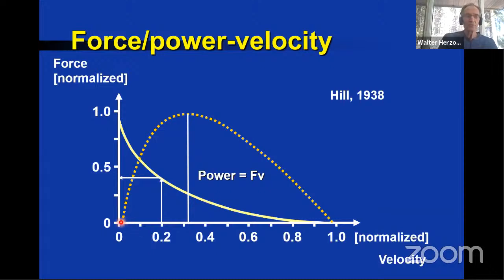And here we have power is zero because we have an isometric contraction and the velocity of shortening is zero. Somewhere in the middle here at about 30 to 35% of the maximum velocity of shortening is where in an isolated muscle or fiber preparation, you get the maximum power output.